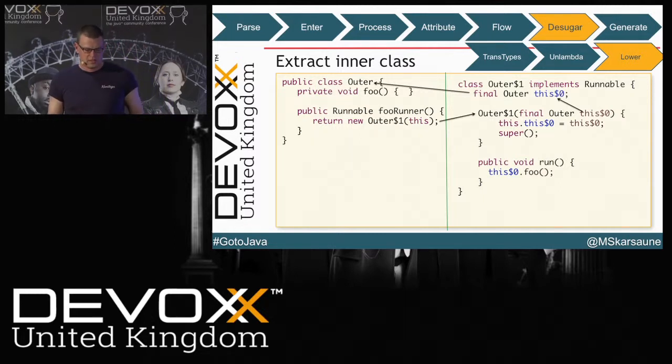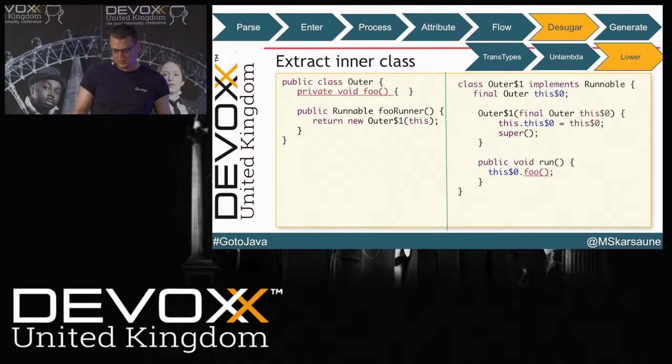And in the place of the location where the inner class was previously, we instead get a call to a constructor of this new class. The run method calls foo. The only problem is that now this class is just another class in the same package, and you have the foo method, which is private in the outer class, so it's not visible anymore.